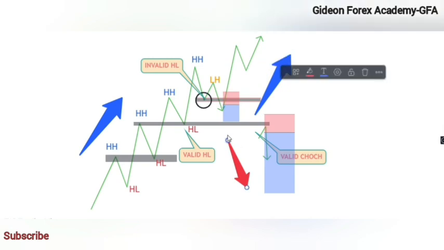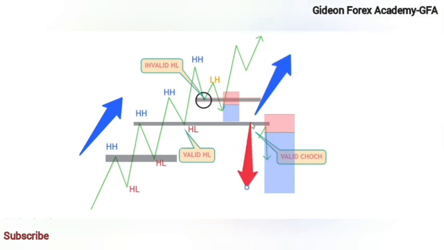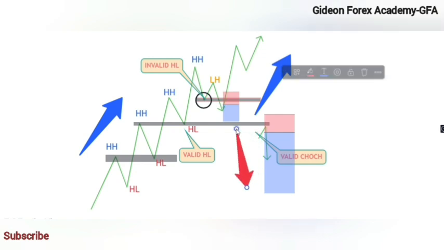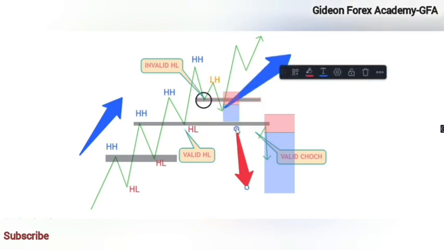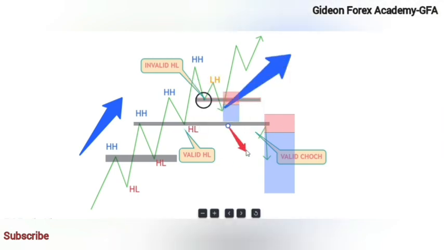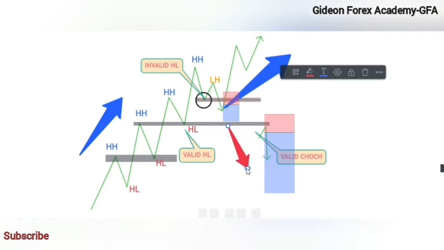Till it breaks below here, it is still a bullish market. So above here, you are still considering to buy, and below here, you are now selling, because it's a change of character.